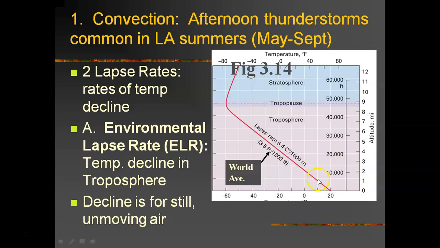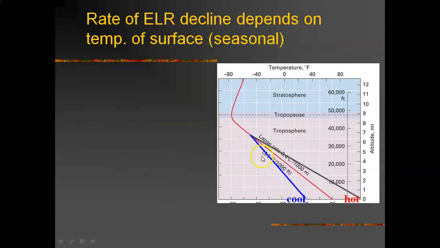What is the temperature at 2,000 feet? There is a world average, which indicates that the rate varies. I want to go over why the rate can be higher than the world average and why the rate can be lower. The environmental lapse rate is really kind of a seasonal thing.